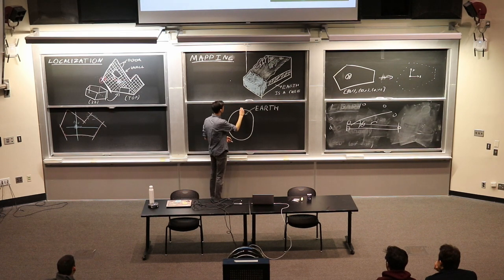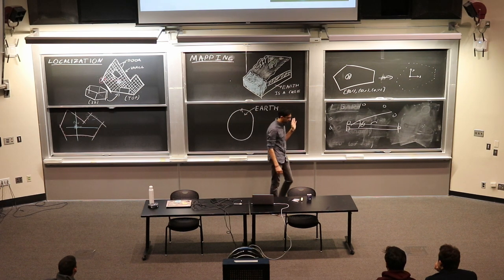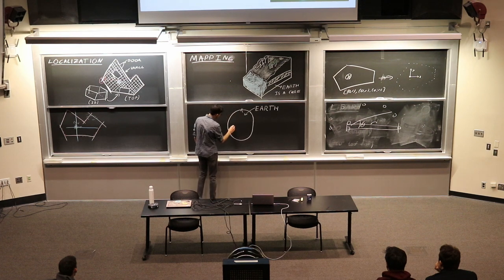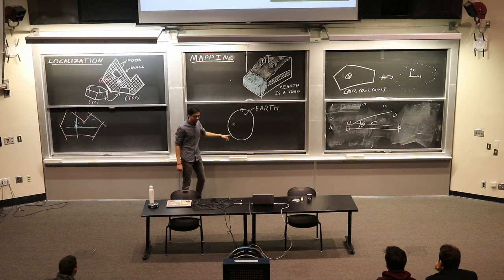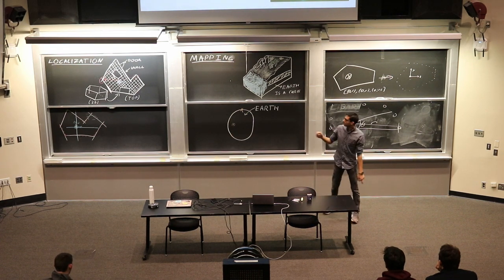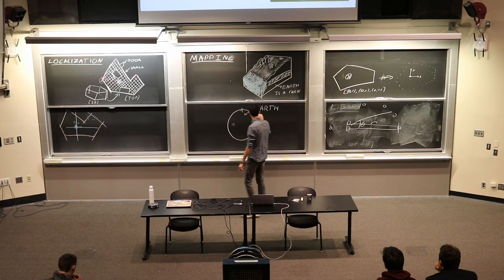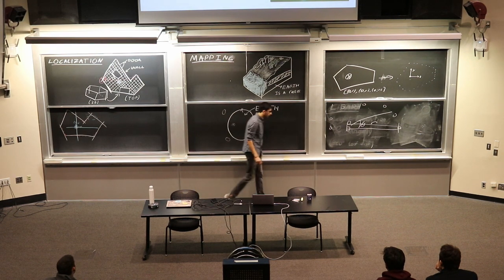I'm just going to assume it's the North Pole over here. Actually, no, sorry. NASA is here somewhere. That's Florida. GPS satellites, we're going to put a satellite here, a satellite here, a satellite here, a satellite here.